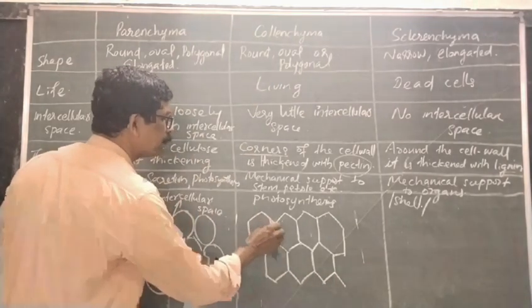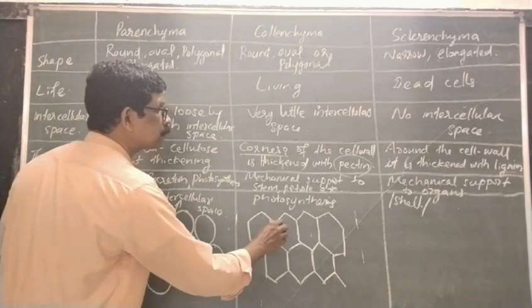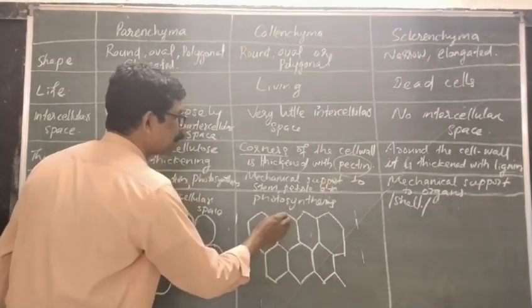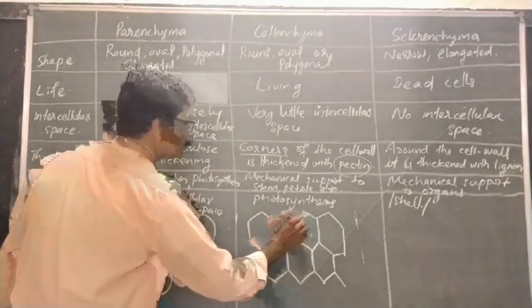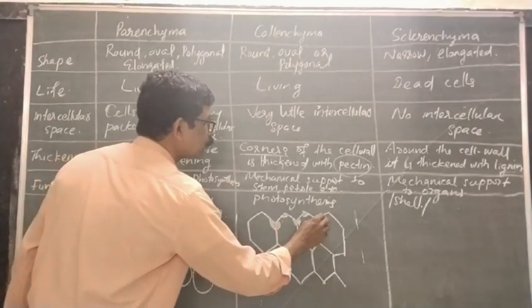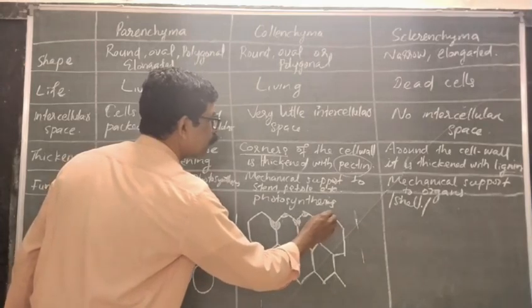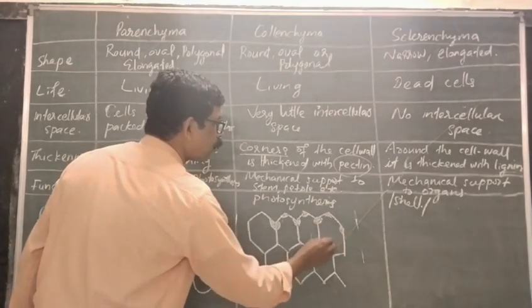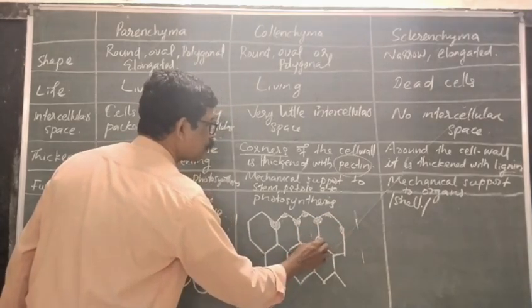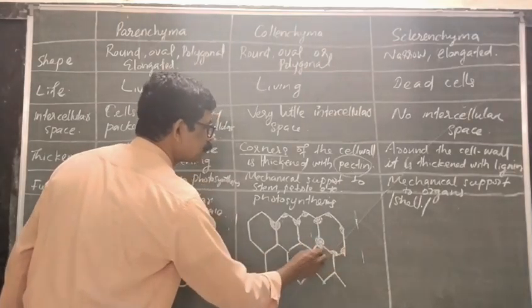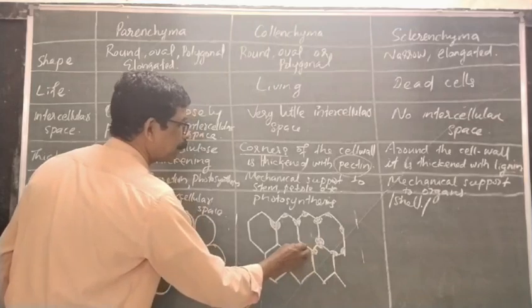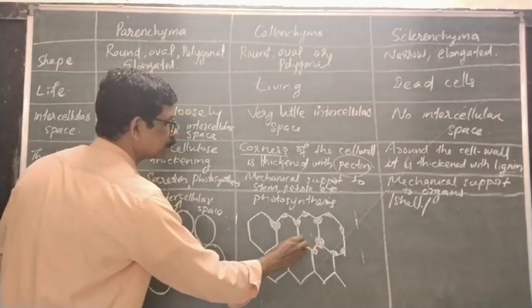Here there will be a thickening, and this thickening is made of a substance called pectin. In this way we can draw collenchyma.